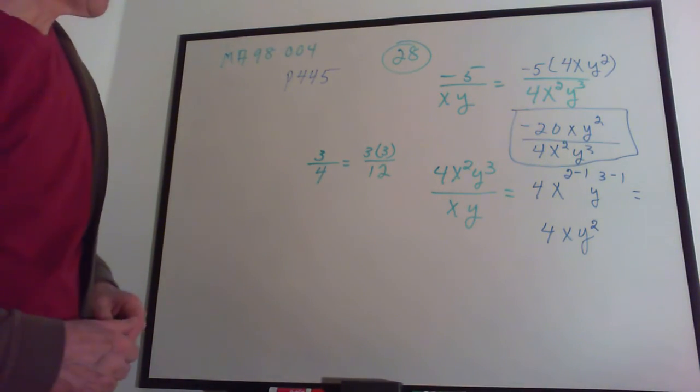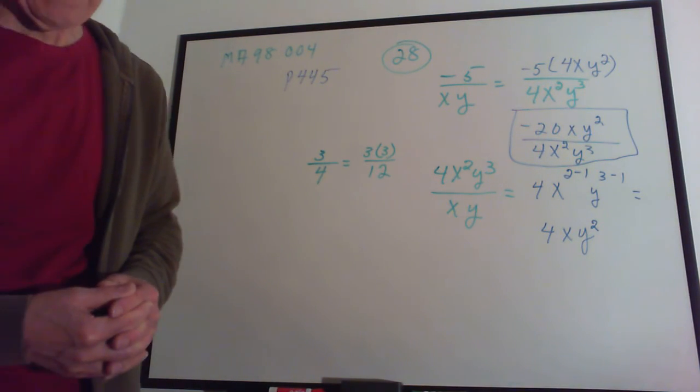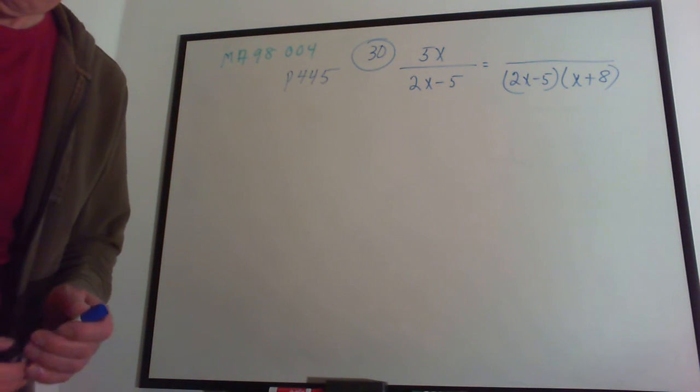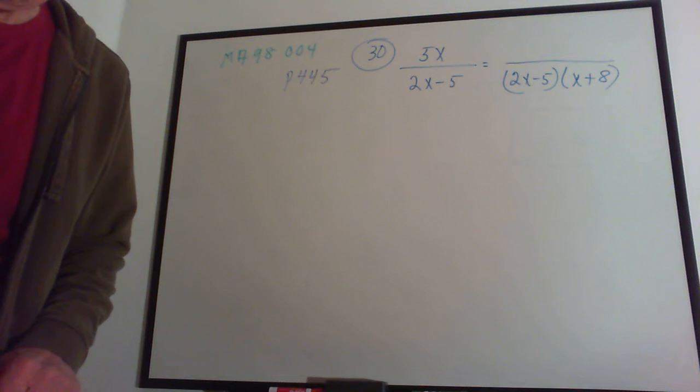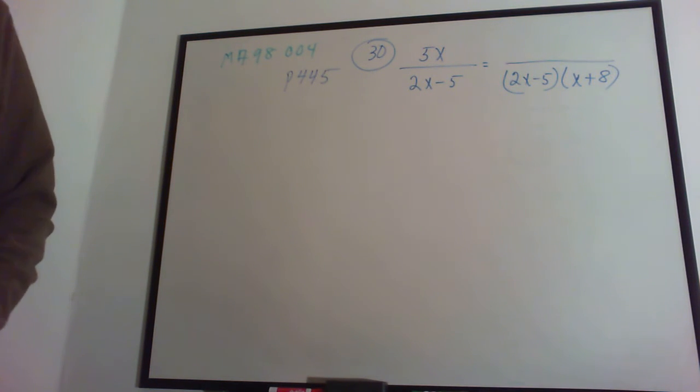Try number 30. All right, there's number 30 on the board. Take a look at it, pause the video, find out what you want to multiply 5x by.